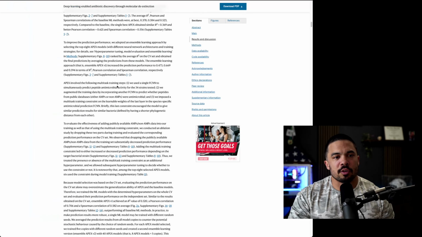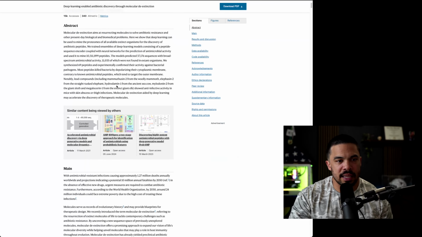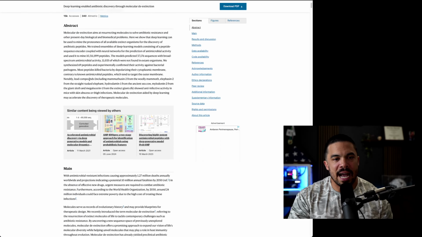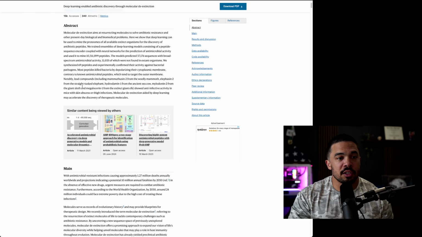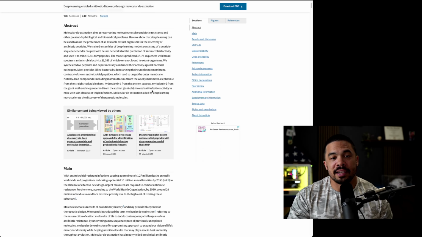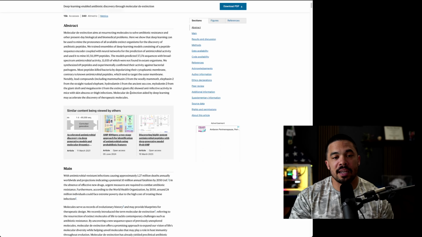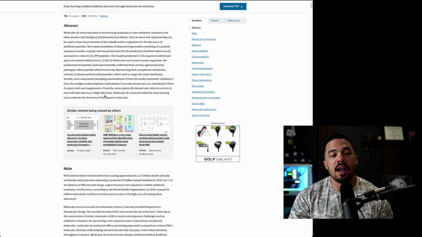And there were specific ones that showed interesting properties, notably lead compounds from the woolly mammoth, from the straight-tusked elephant, from the ancient sea cow, the giant sloth, and the extinct giant elk, which showed anti-infective activity in mice with skin abscess or thigh infections. Molecular de-extinction aided by deep learning may accelerate the discovery of therapeutic molecules.